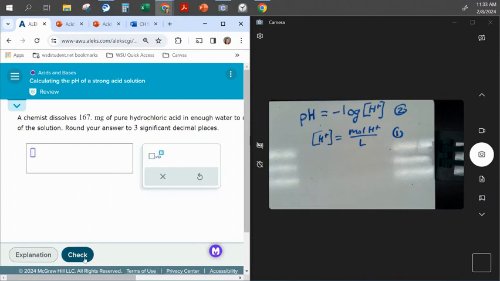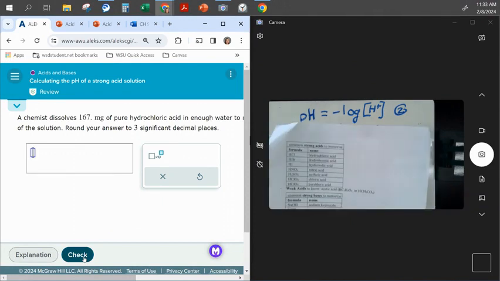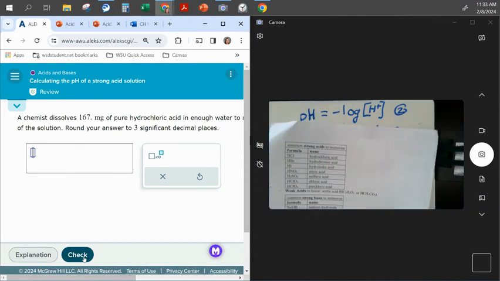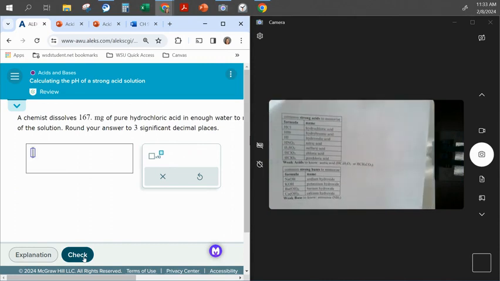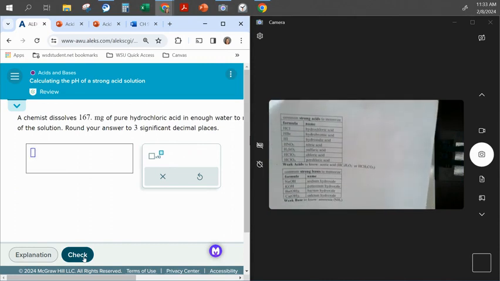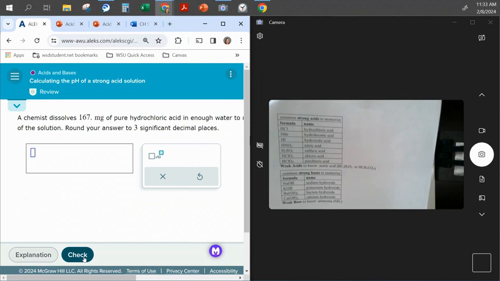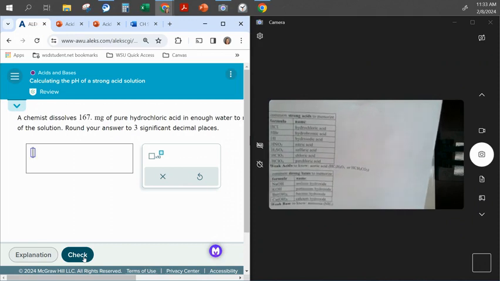So for this one, you have your list of common acids and bases. You have to know these for this question because you need the formula. It's going to give us a mass, and we have to divide by the molar mass, but we're not going to get the formula. We have to memorize the formulas.